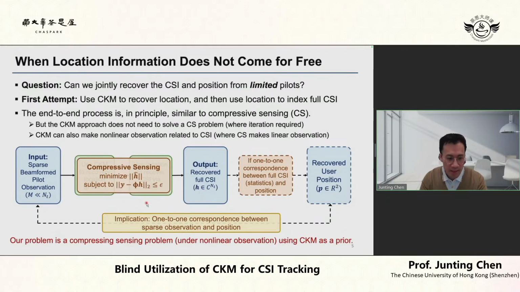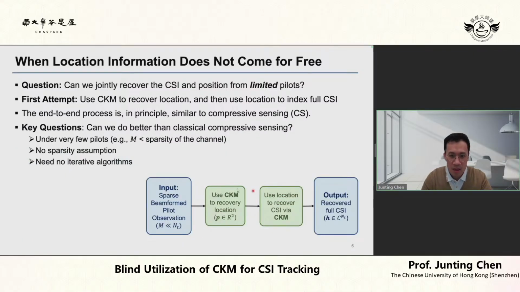So our problem is essentially a compressed sensing problem, but under a more general requirement, under nonlinear observation. And then we are interested in how we may use CKM as a prior to improve the estimation performance. So the key question here is essentially, can we do better than classical compressed sensing under very few pilots, say M, where the number of observations can be much smaller than the sparsity of the channel?